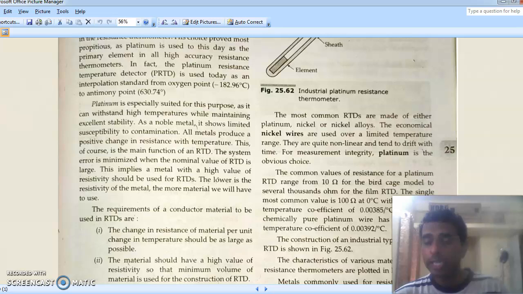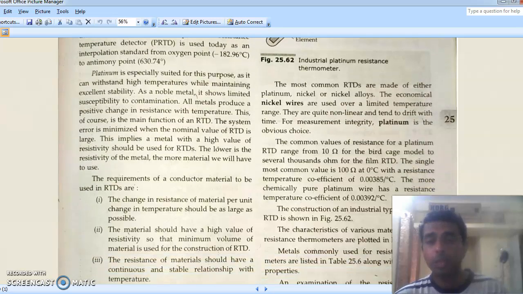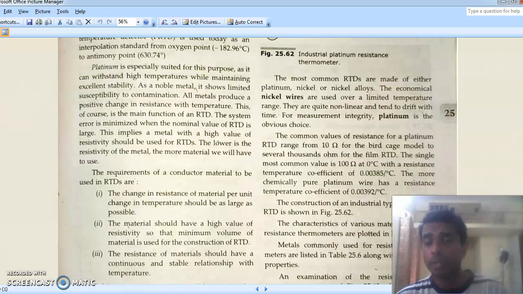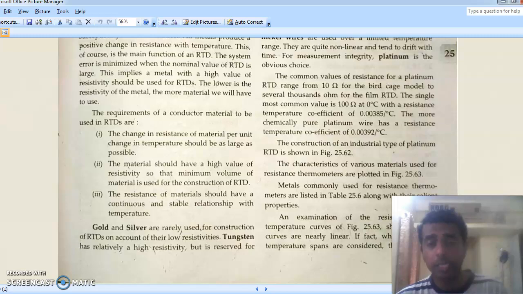And you can see that perhaps there are some other materials also which can be used as RTDs, and platinum is most commonly used, and this is the change. That is, for 1 degree change in temperature, this much is the change in resistance: 0.00392 ohms per ohm per degree.